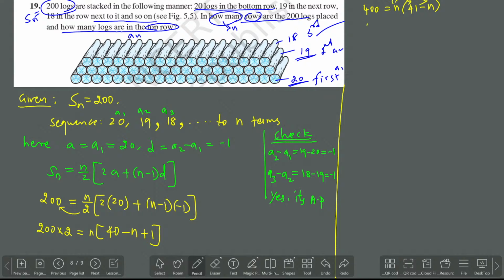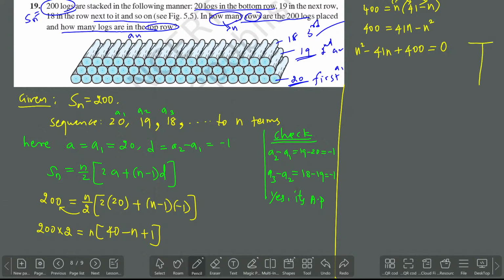You will be getting 400 equal to 41n minus n into n, n square. N square should not be in minus, so bring everything to the left hand side. So plus n square, 41n when you bring opposite, minus 41n. Already we have this side 400, right hand side nothing is there, so 0.